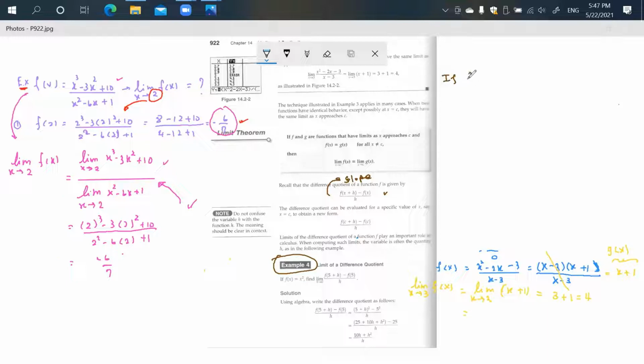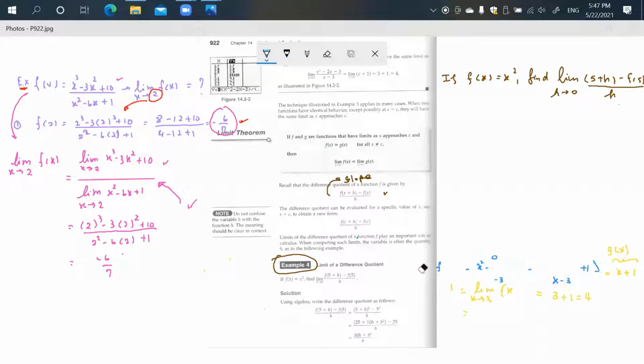If f of x equals x squared, then we want to find the limit of f of 5 plus h minus f of 5, divided by h, when h approaches 0.